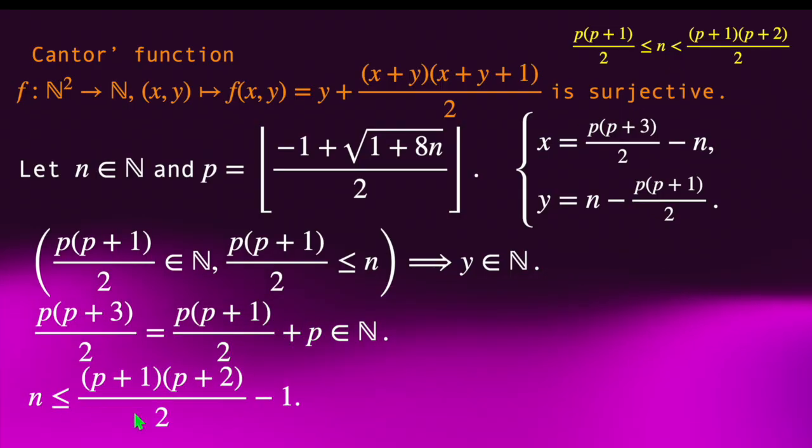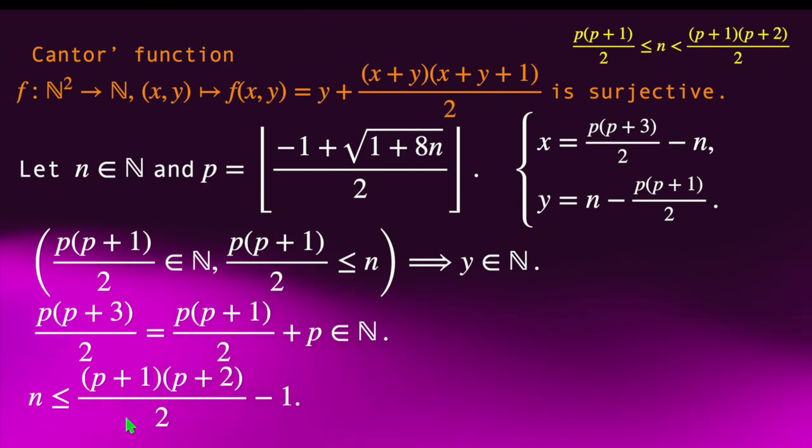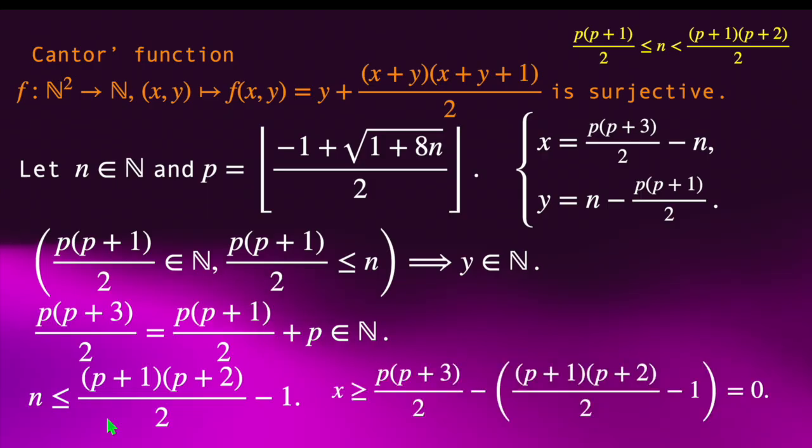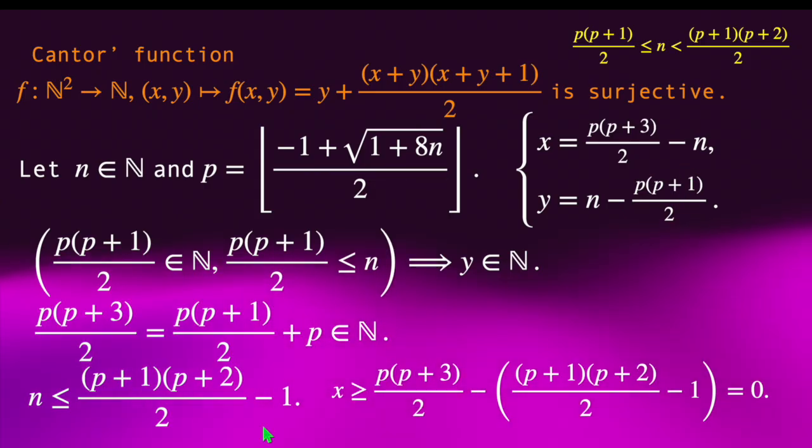So since n and this quantity are natural numbers, we get this inequality here. And we use it to show that x is actually equal to this quantity, and minus n is bigger than minus this quantity.